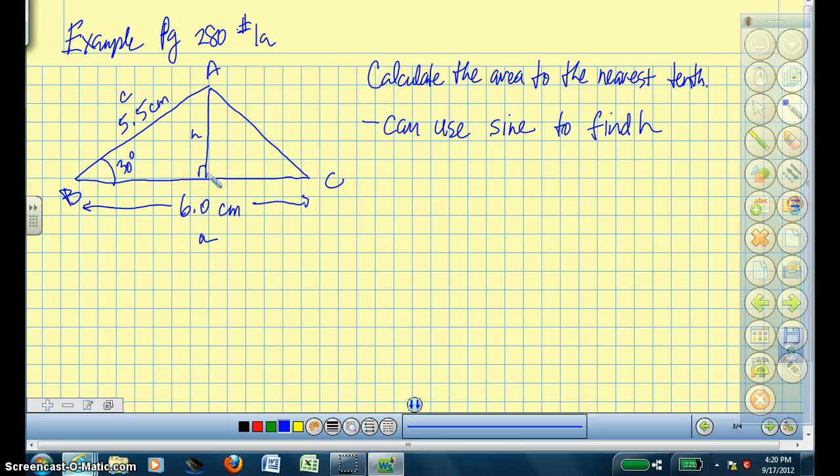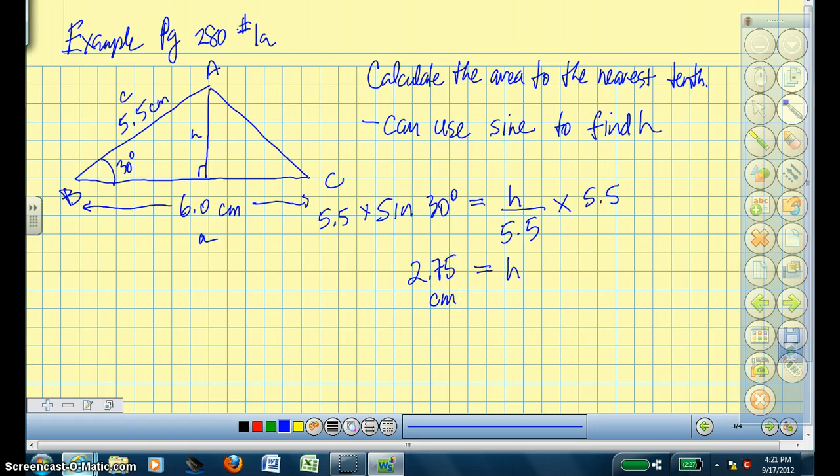Well, the height, again, we can use sine law. So sine of 30 degrees is equal to h divided by 5.5. If I multiply both sides by 5.5, now I've isolated h, and this is 2.75 centimeters.